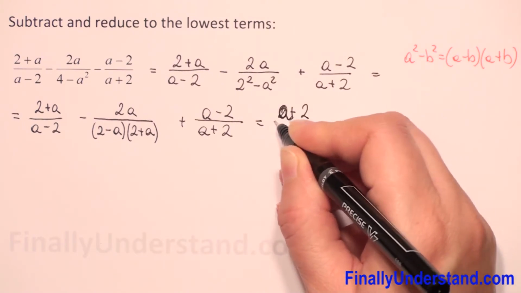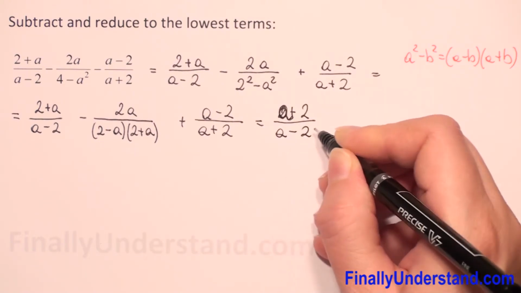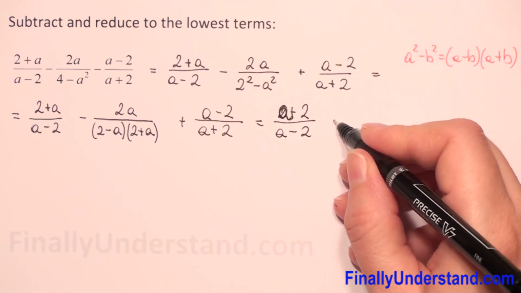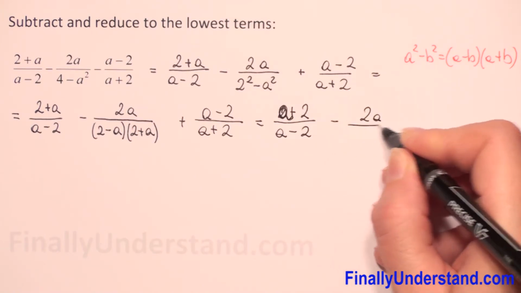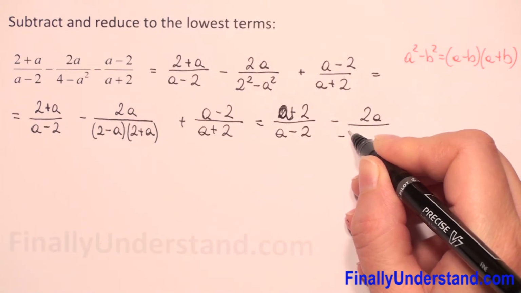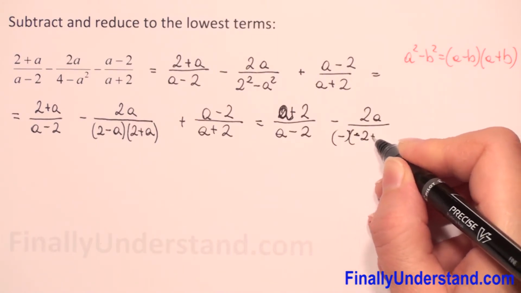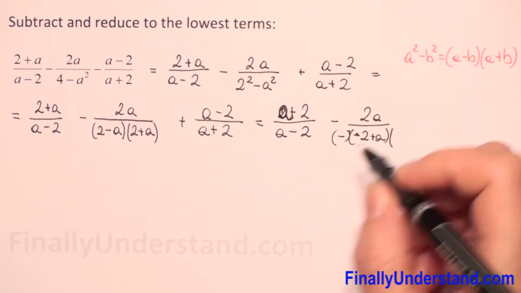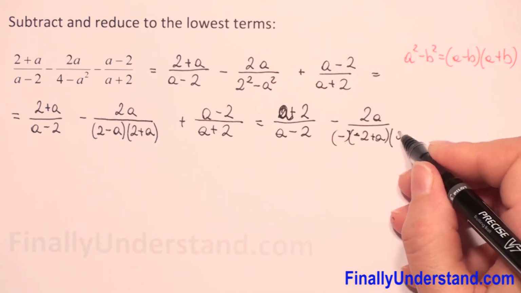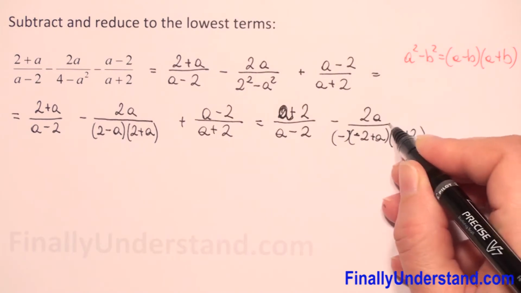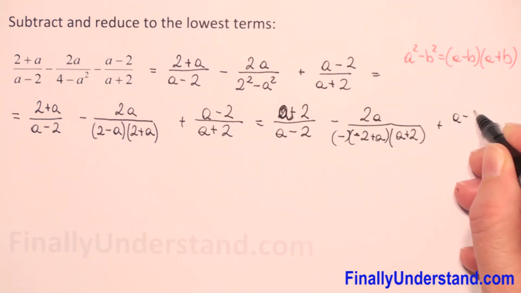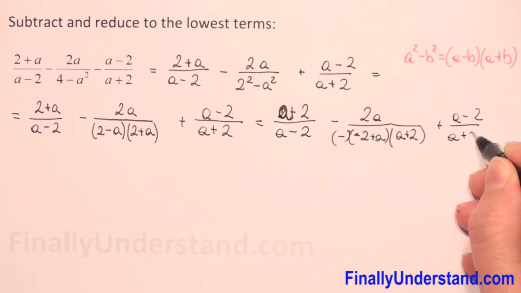plus 2 over a minus 2, and now we will have 2a over the negative sign we factored out, so it will be negative 2 plus a, and 2a we can rewrite as a plus 2 plus a minus 2 over a plus 2.